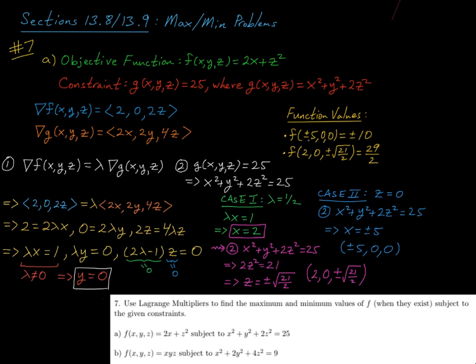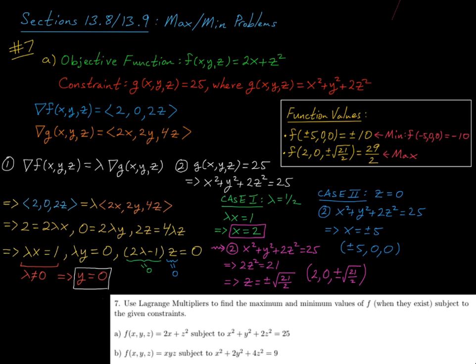All right, cool. So now let's find the corresponding function values at these points. So plug them into this objective function. If you plug in plus or minus 5, 0, 0, you get the corresponding outputs plus or minus 10. Plug these other points in, and you wind up getting 29 halves.